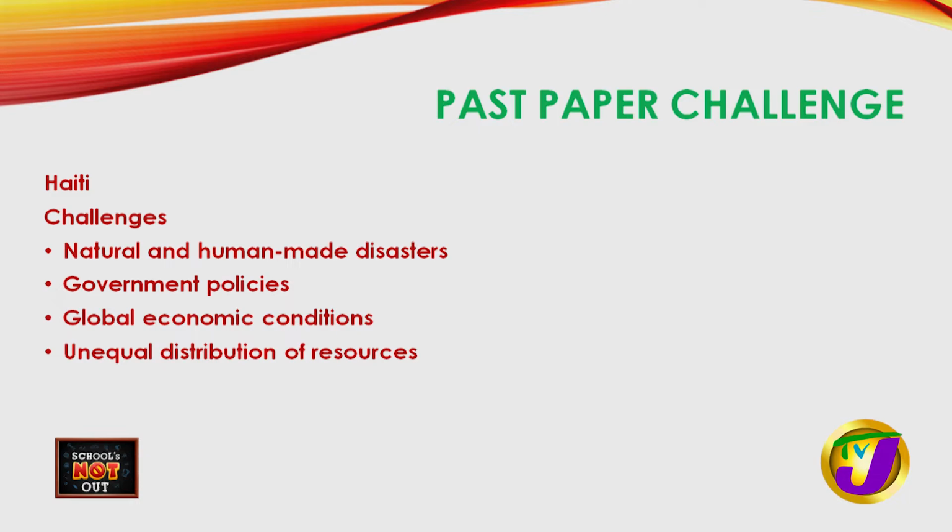There are also human-made disasters, such as the level of deforestation that Haiti has had since its independence in 1804. Because the country was unable to trade with other partners of the world, they were forced to use and overuse their resources.